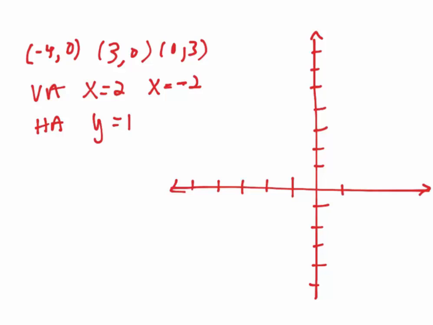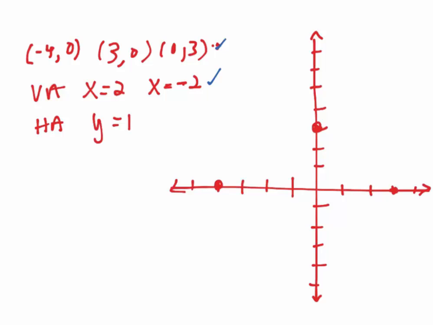I just want to know that you can tell me the general shape of these guys. So here we go. Okay, I'm just going to plot all three of these points up here. So negative 4, 0 will be right about here. 3, 0 is right about here. And 0, 3. They're all on there. Okay, so that's done. Now let's go ahead and do our vertical asymptotes.